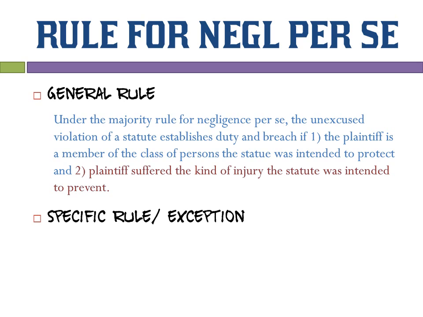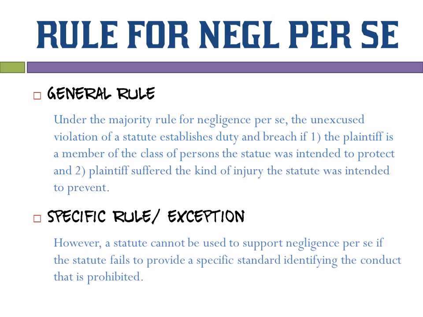Now, there's an exception. And impressively, a lot of people saw this exception, though not everyone did. A statute cannot be used to support negligence per se if the statute itself is too vague, if it fails to provide a specific standard identifying the conduct that is to be prohibited.